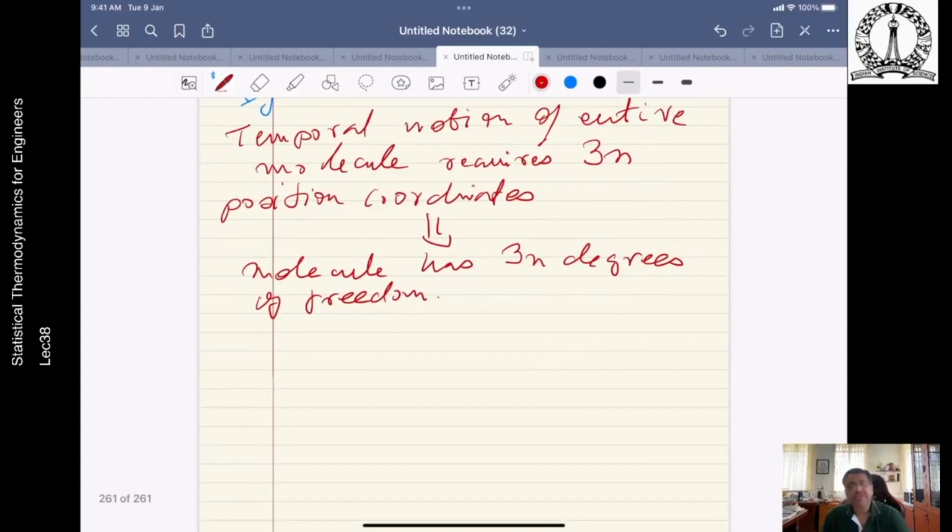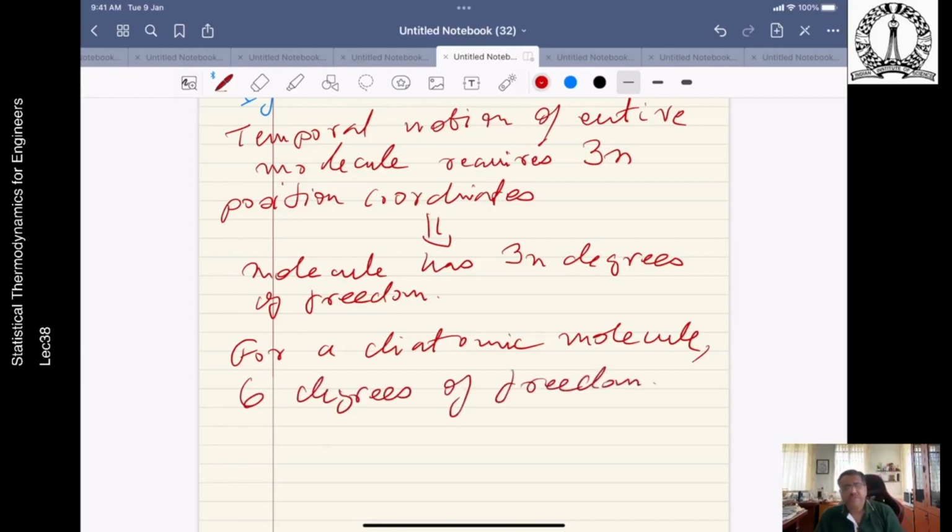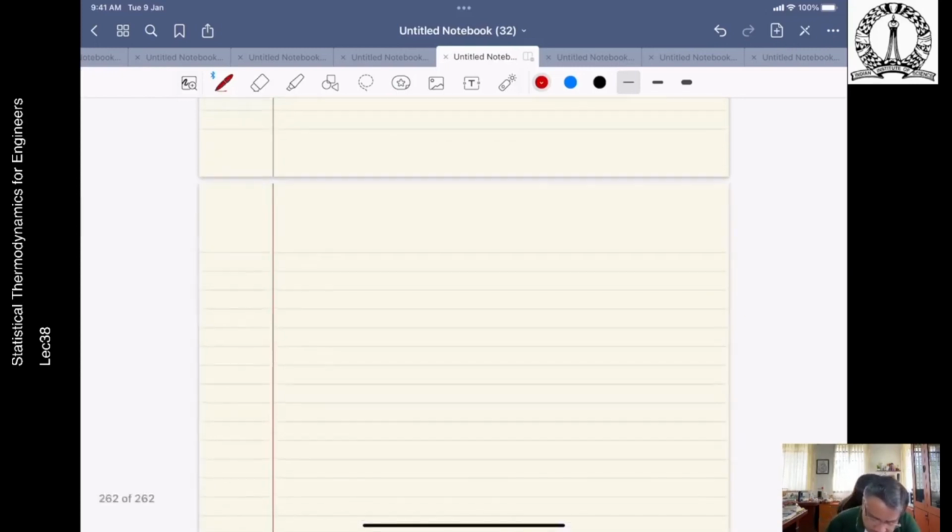Now for a diatomic molecule, where the number of atoms is 2, there would be 6 degrees of freedom. So how are these 6 degrees of freedom distributed?